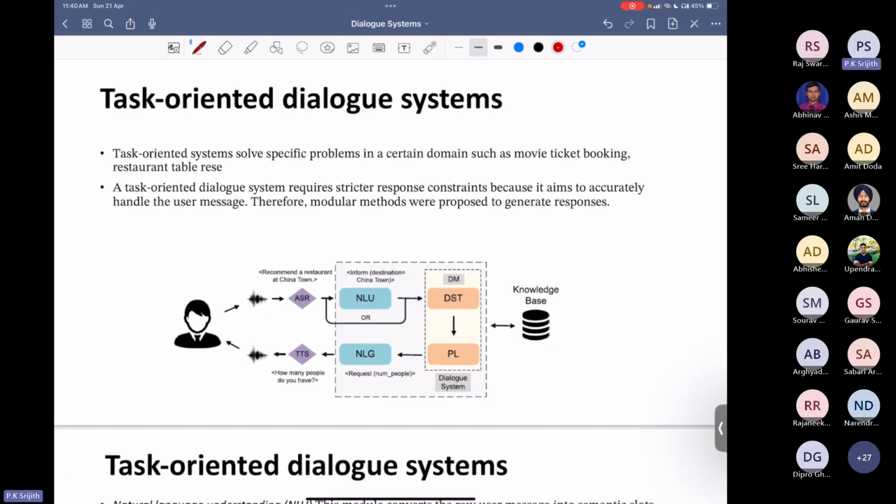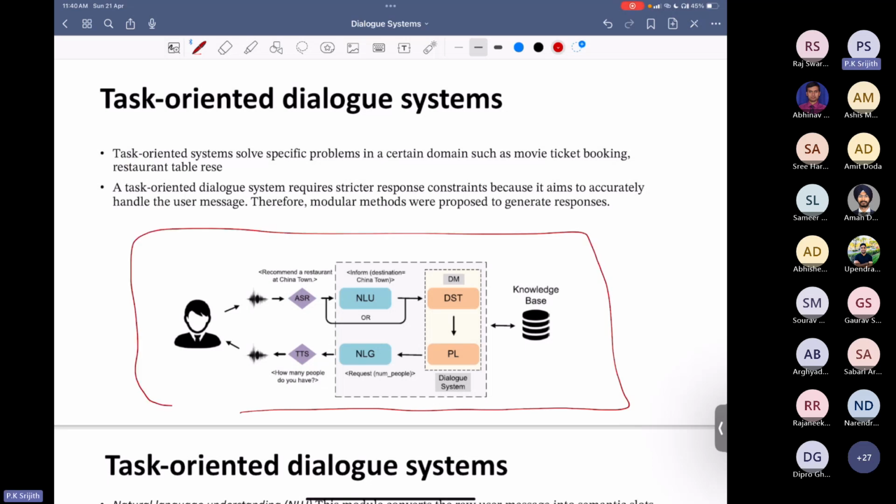So what you have in the figure is a typical framework used by a task-oriented dialog system. There is a user who will be providing some input in the form of speech or text. If it is speech, you use automatic speech recognition to convert it into text. And this is the dialog system.